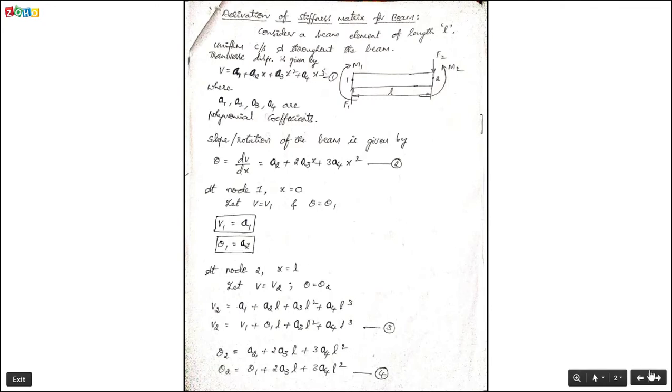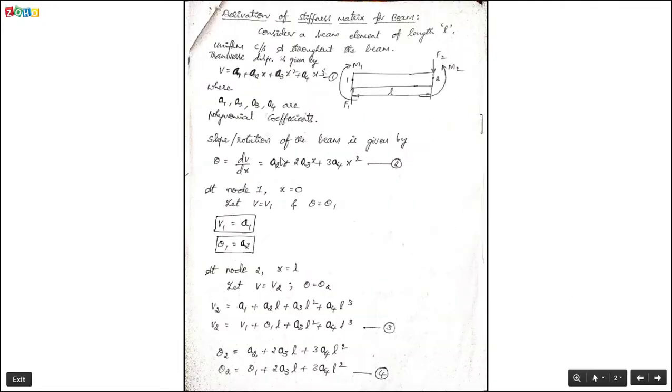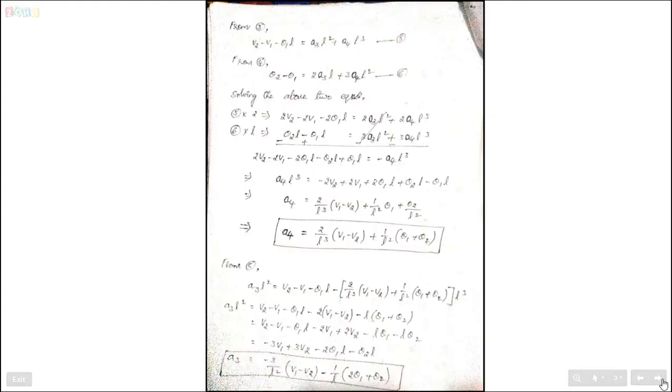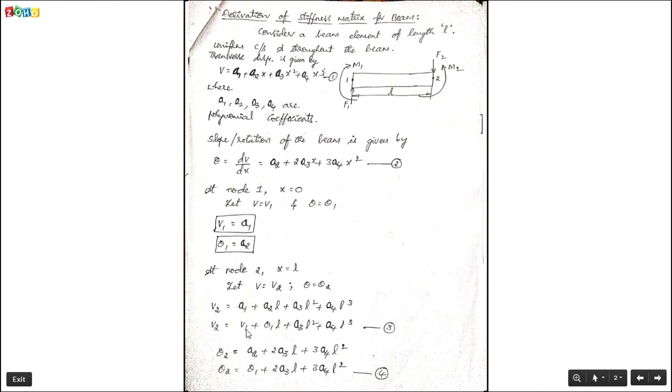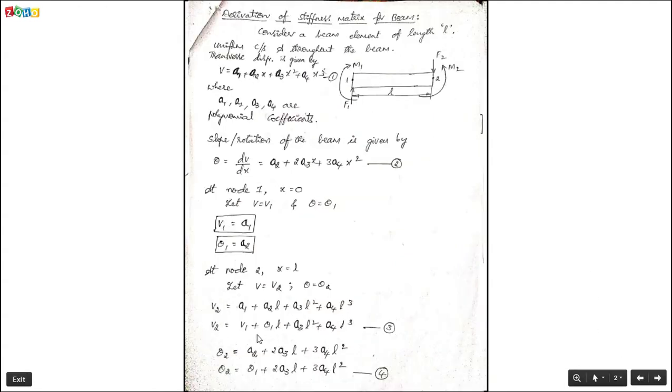So the polynomial is the first equation, the slope equation is the second equation, the vertical displacement at the second node is the third equation, and the slope at the second node is the fourth equation. From the third equation, I take the displacements to the left side and the remaining constants to the right side.